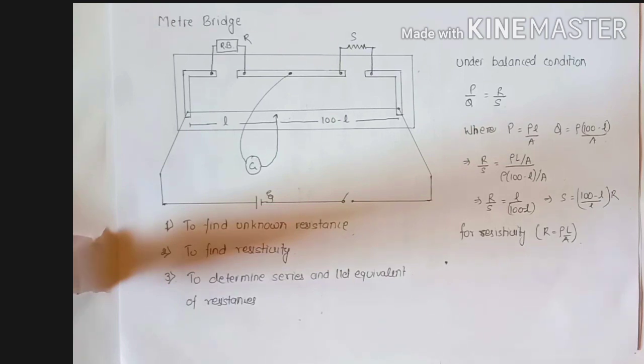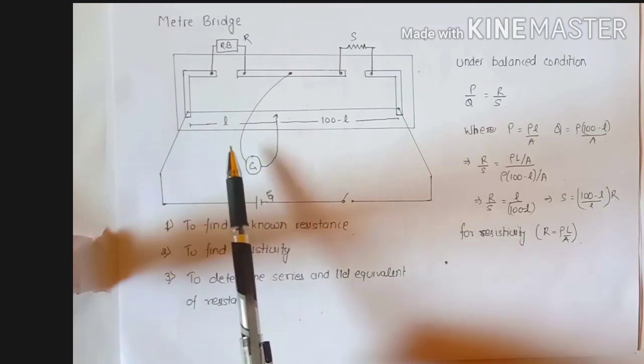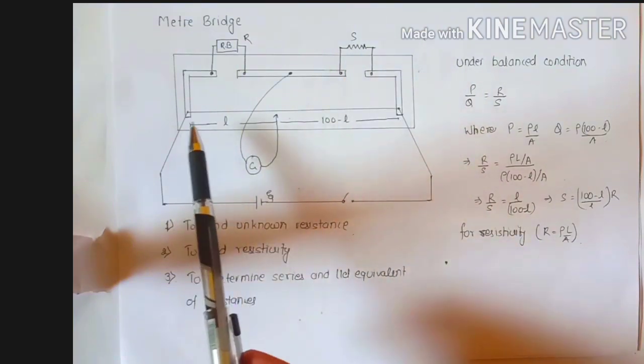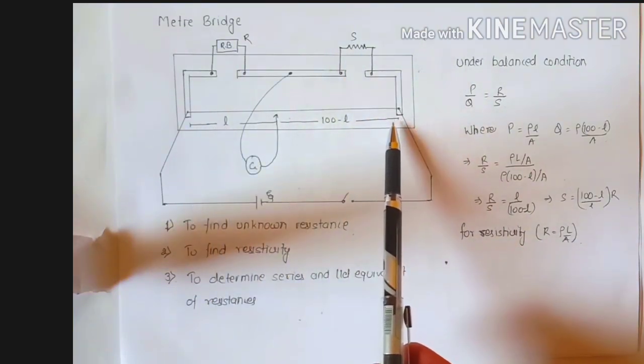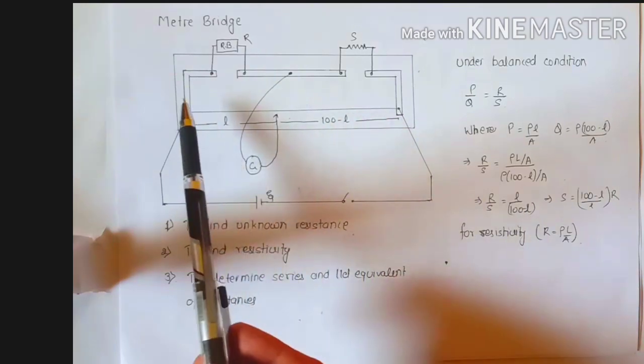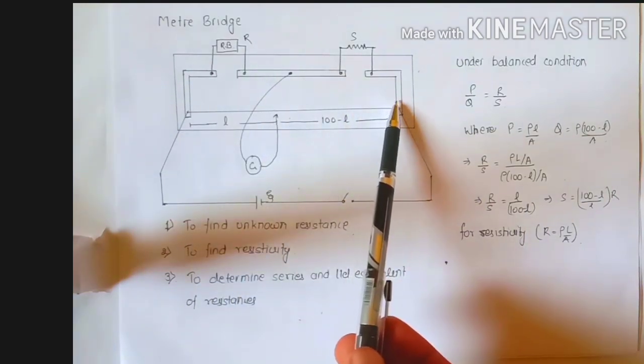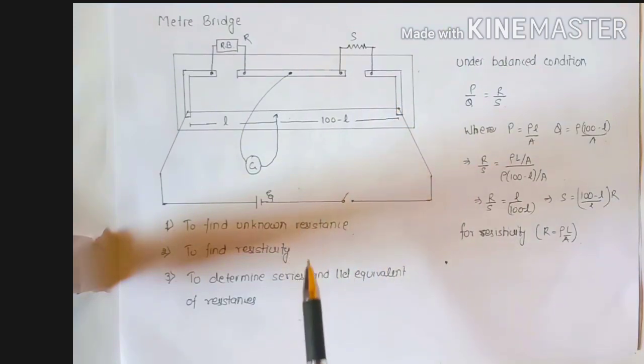The device which is based on Wheatstone bridge is the meter bridge. Here the meter bridge consists of a wooden board with a 1 meter long constantan or manganese wire. These thick strips are of copper, as copper is a good conductor of electricity.